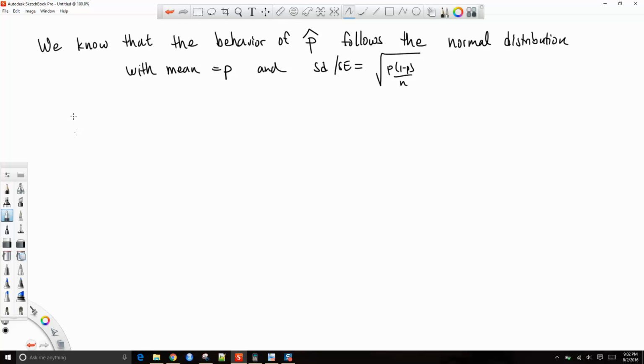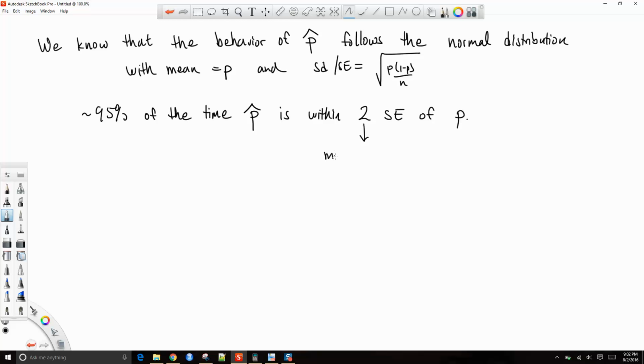Okay, so based on this, we can say that about 95% of the time, p hat is within 2 standard errors of p.